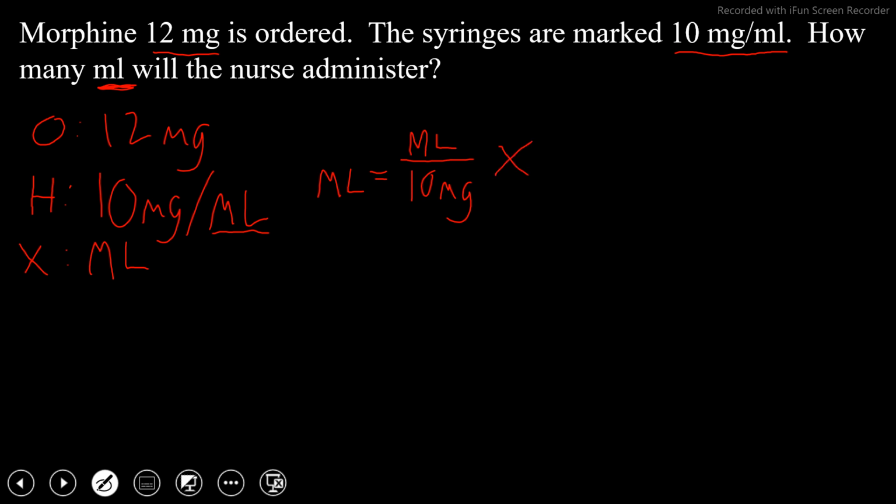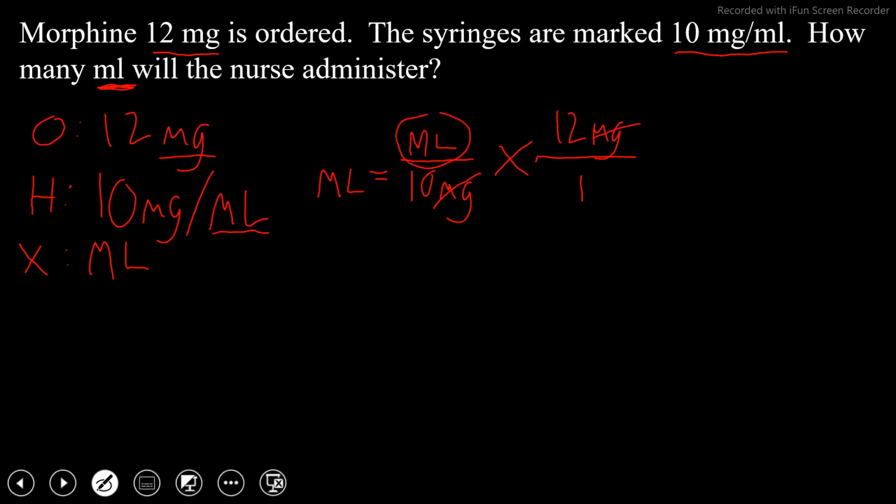times, well, we need to get rid of this mg, so where do we find mg? We have it here, so times 12 mg, and then if there's nothing under the 12 mg, we just put 1 for our placeholder. So now we can see if our things cancel out. So mg cancels mg, and we're left with mLs.